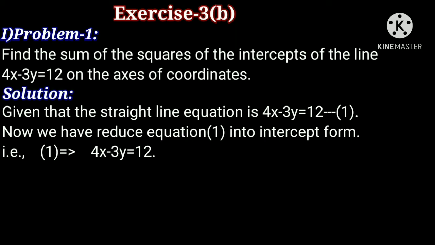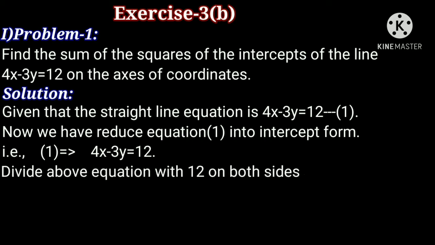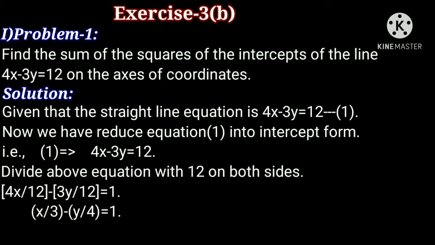To transform into intercept form, we will divide the above equation by the constant term, that is 12, on both sides. Then 4x by 12 minus 3y by 12 equal to 1. After simplification, x by 3 minus y by 4 equal to 1. From this, x by 3 plus y by minus 4 equal to 1. This is equation number 2.